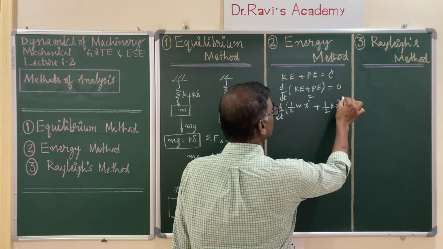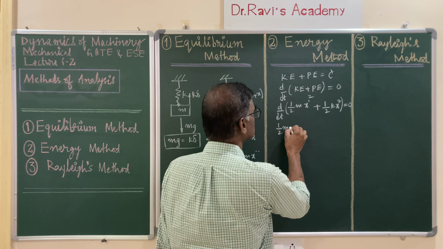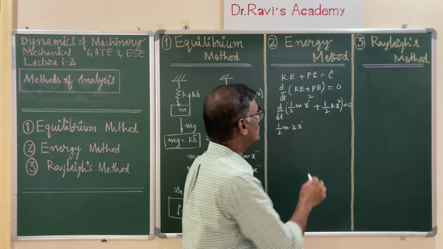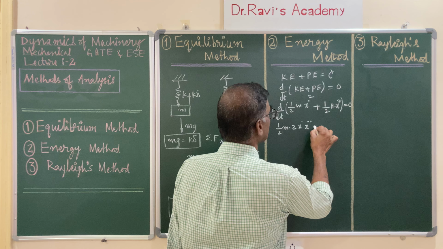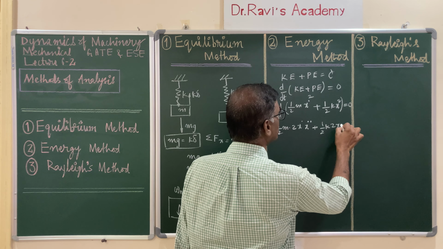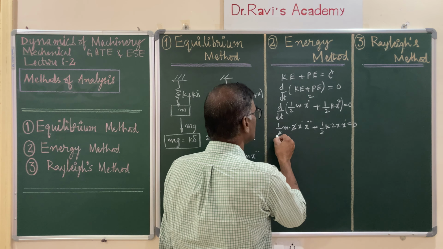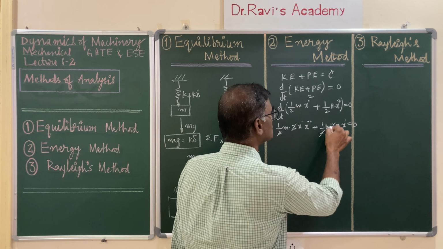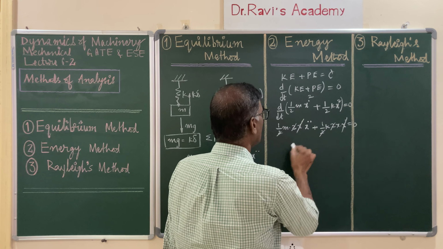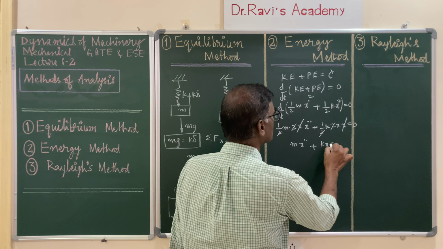Now let us differentiate this expression. It is 1 by 2, m is constant. It is 2x dot, and differentiation of x dot is x double dot, plus 1 by 2, k is constant. So this is 2x x dot is equal to 0. You have 2 and 2, here also 2 and 2, x dot gets cancelled, and you have m x double dot plus kx is equal to 0.